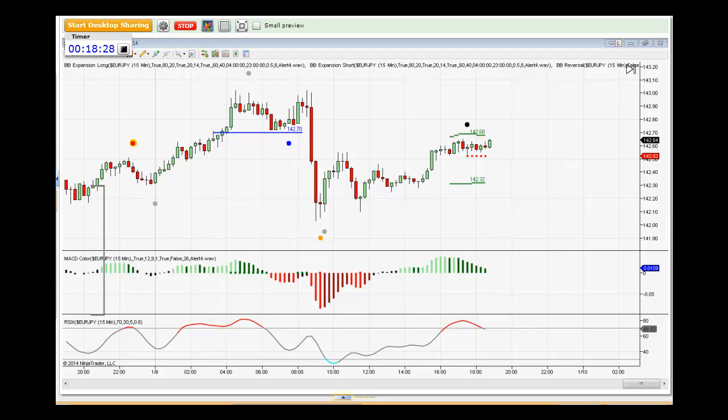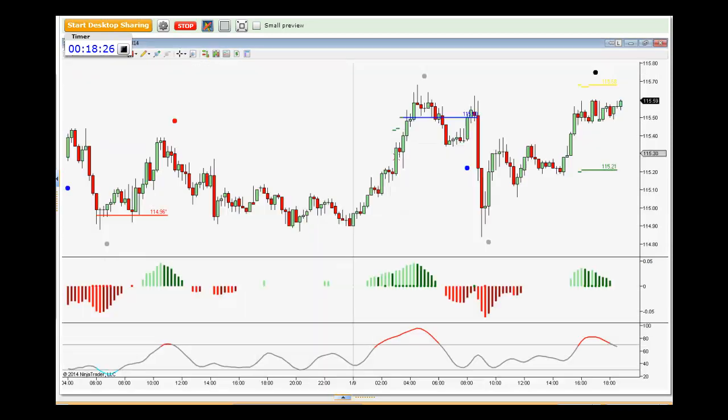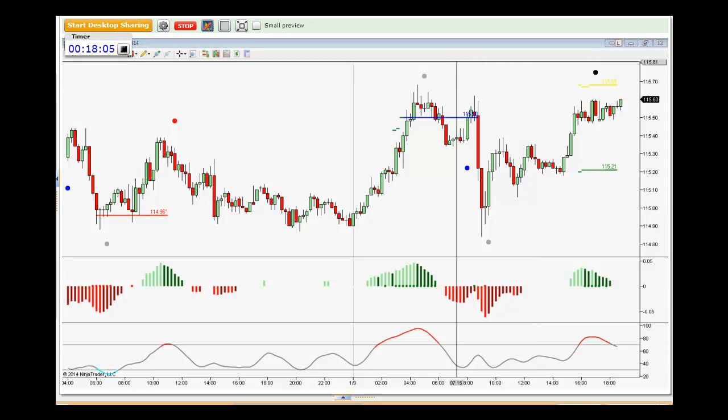I'm going to pull over a Swiss, yen Swiss. There's a great example of what I was talking about earlier with the yellow. Remember, yellow is caution. If it hits that price, 115.67, that's already 80% of ATR for the day. From a probability standpoint, that's not a high probability breakout price.